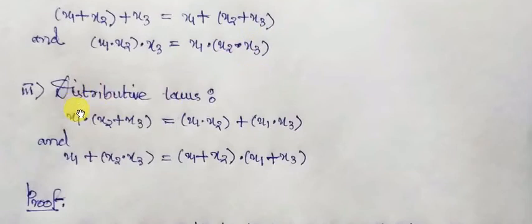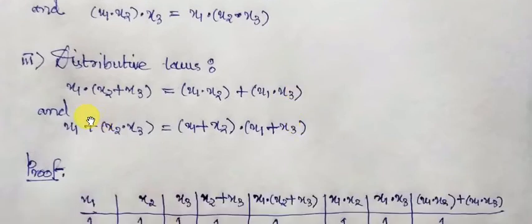The distributive law of multiplication over addition and the distributive law of addition over multiplication. The distributive law of multiplication over addition is x1 into (x2 plus x3) equal to x1 into x2 plus x1 into x3, and the distributive law of addition over multiplication is x1 plus (x2 into x3) equal to (x1 plus x2) into (x1 plus x3).